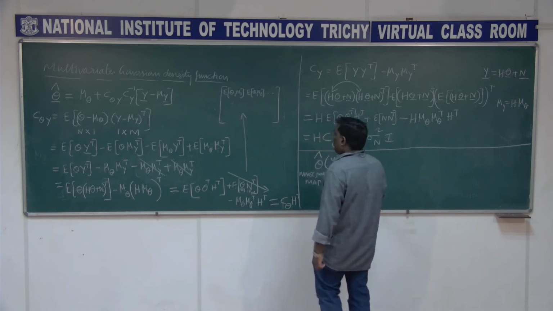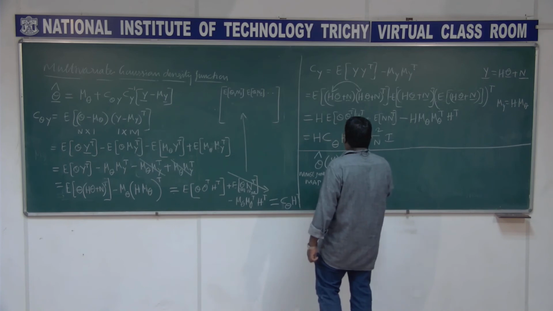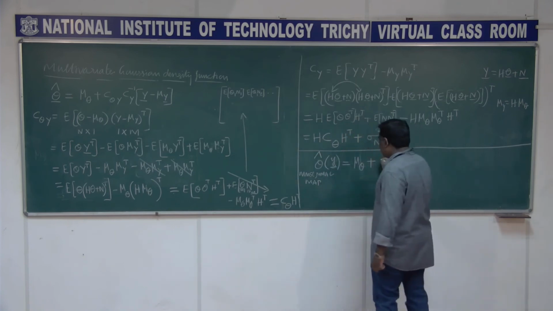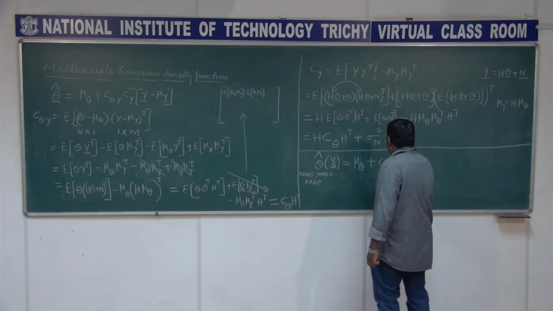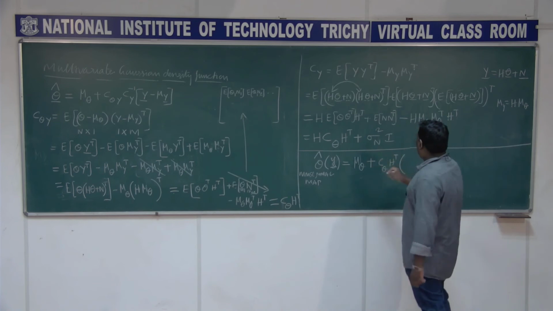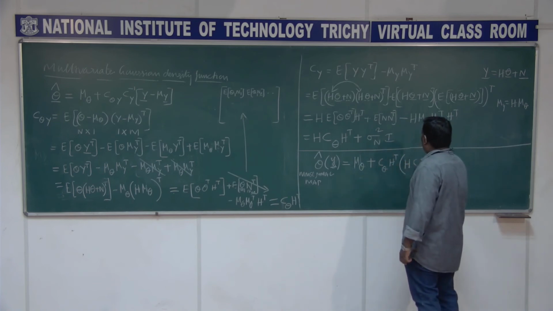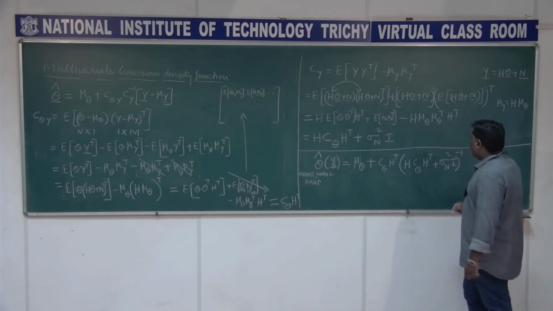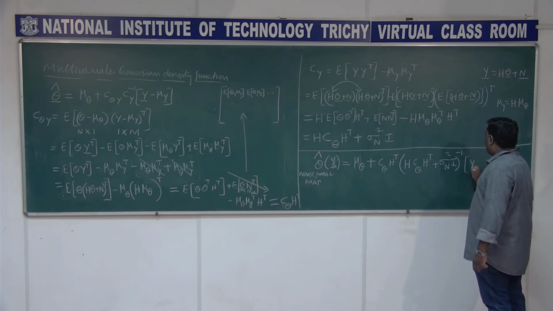That is given as mu theta plus C theta y, which we derived here, that is C theta H transpose, and then Cy we have here, H C theta H transpose plus sigma n squared I, the whole inverse, and then finally you have y minus mu y, which is H mu theta.